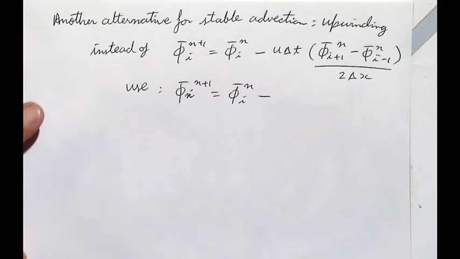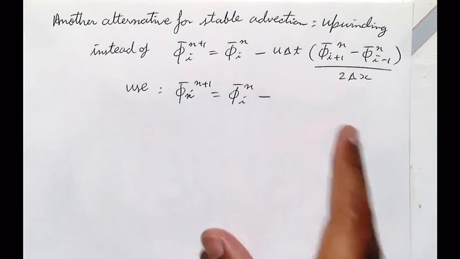What should we do? We know what upwinding involves. What do you write here?